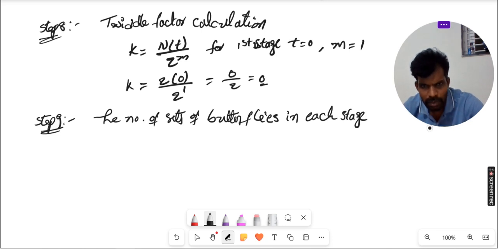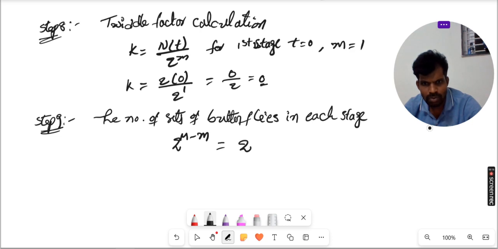How are we going to find the number of sets of butterflies in each stage? By using the formula 2 power capital M minus small m, where capital M is the number of stages and small m is the stage index. For the given problem, we have one stage, and the stage index, small m, is also 1.